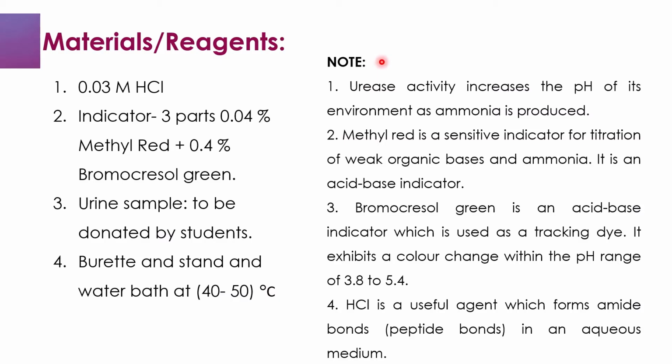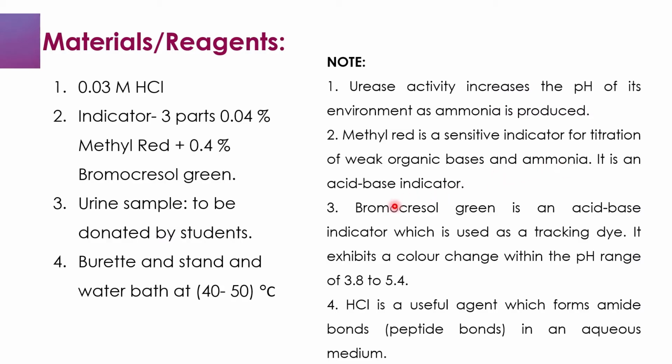Some important things that we have to note here: 1, urease activity increases the pH of its environment as ammonium is produced. And 2, methyl red is a sensitive indicator for titration of weak organic bases and ammonia, and it is an acid-base indicator.